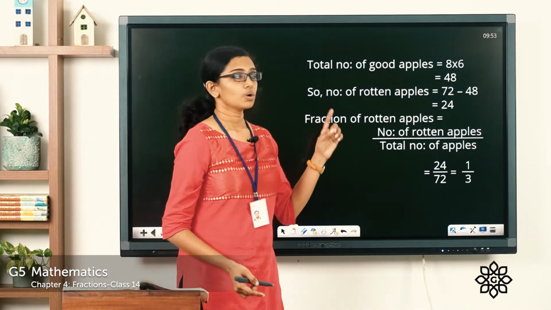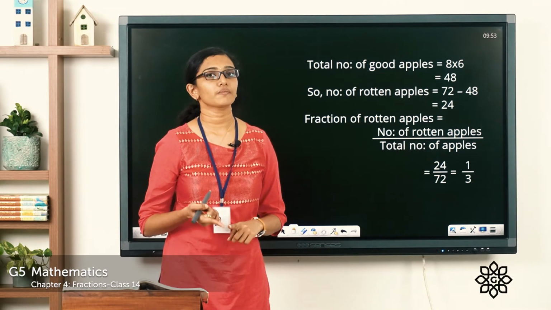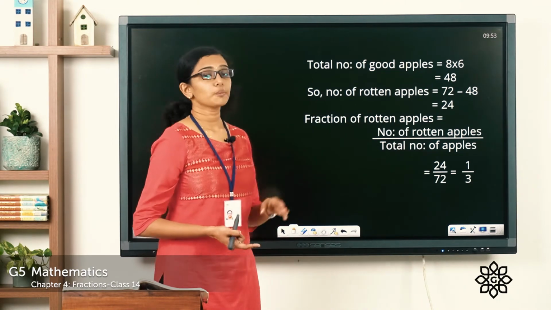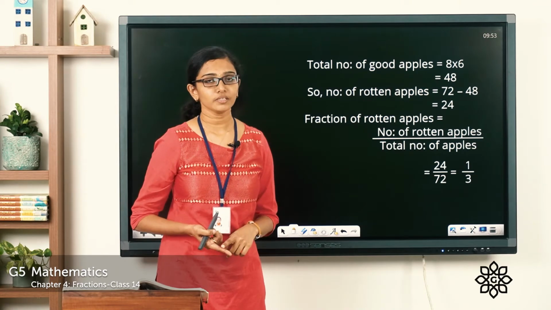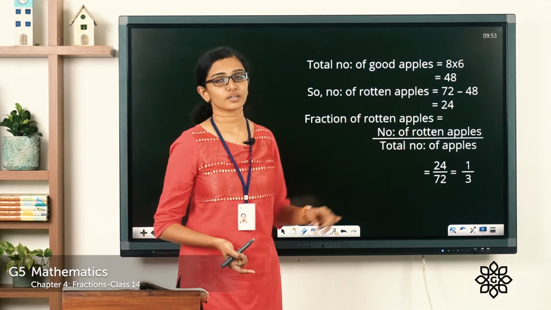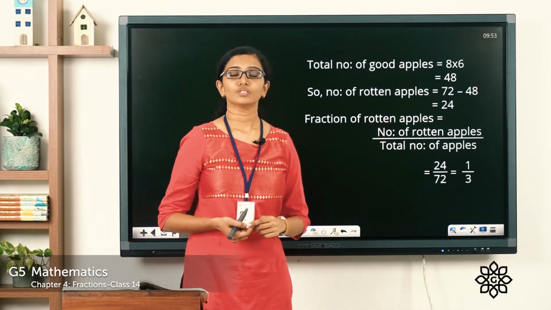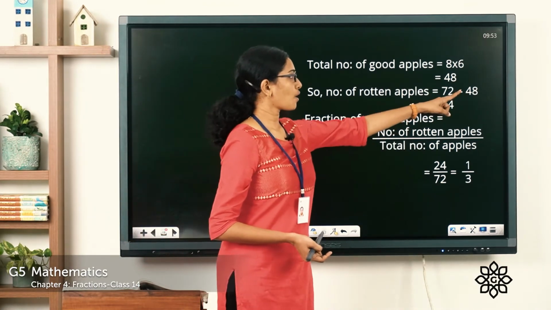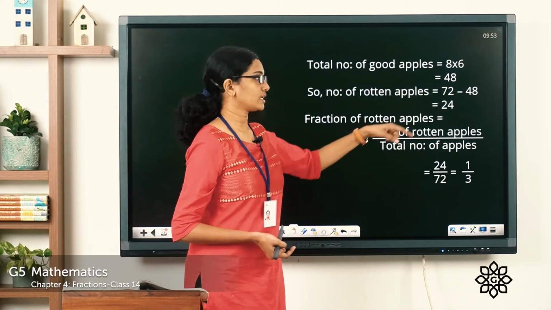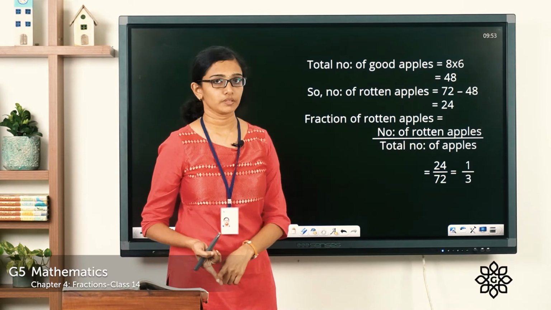Now we know the total number of apples and the total number of good apples. So what would be the total number of rotten apples? It would be the total number of apples minus the total number of good apples, right? So that would be equal to 72 minus 48. That is equal to 24. So we have the number of rotten apples now.